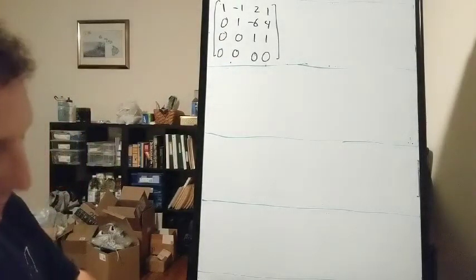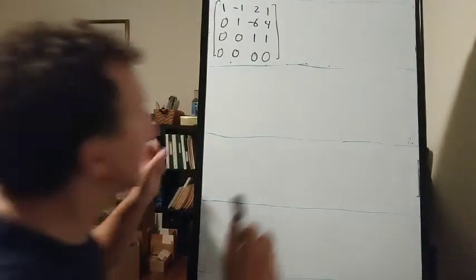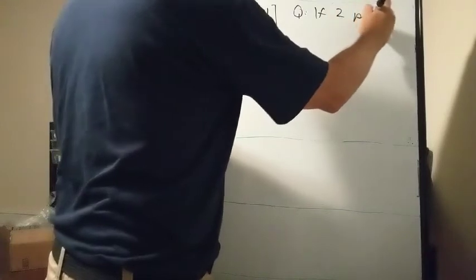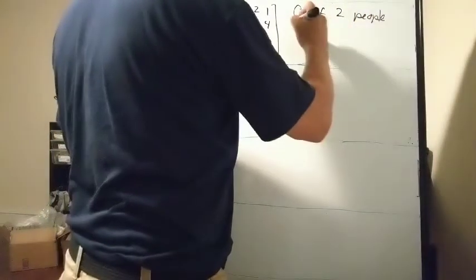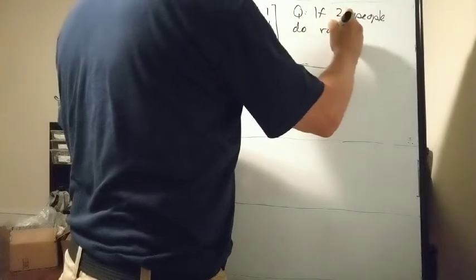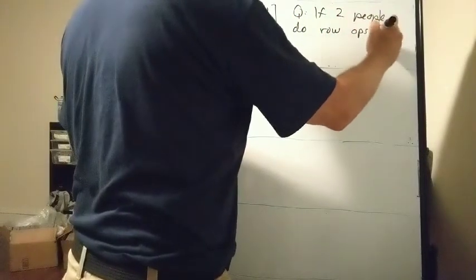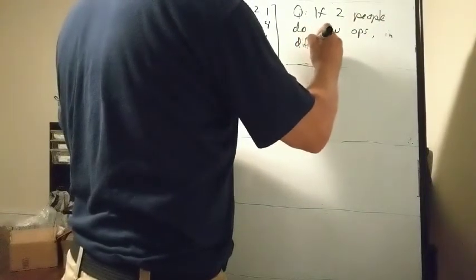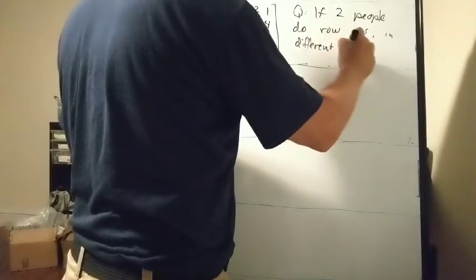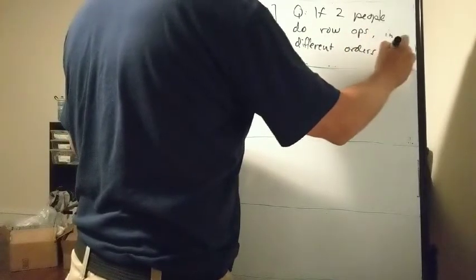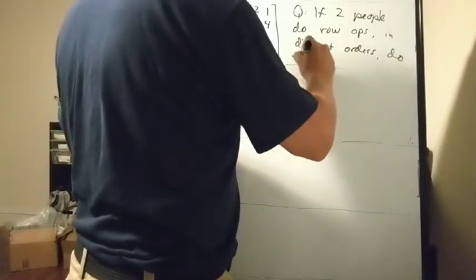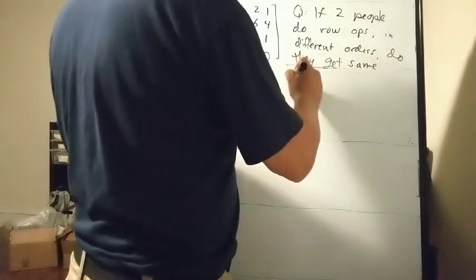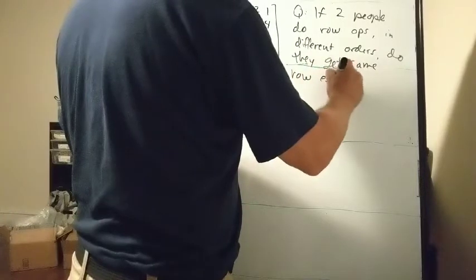A natural question to ask about row echelon form is, if two people do row operations in different orders, do they get the same row echelon matrix?